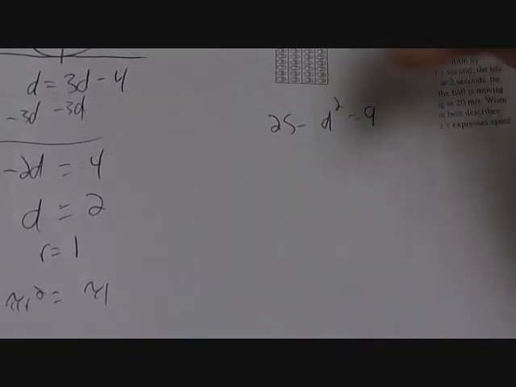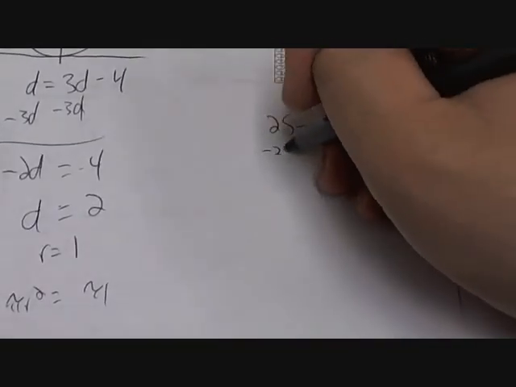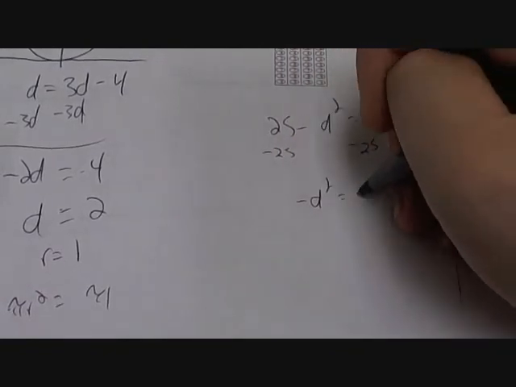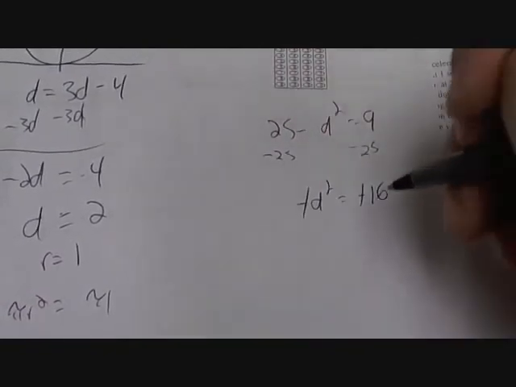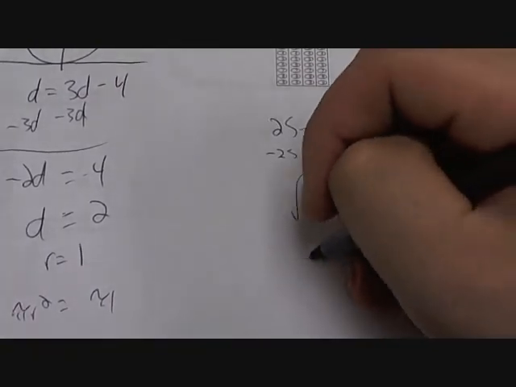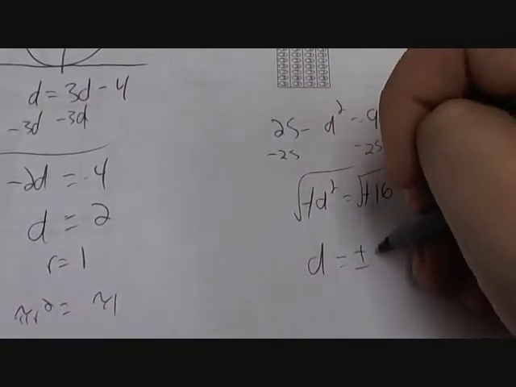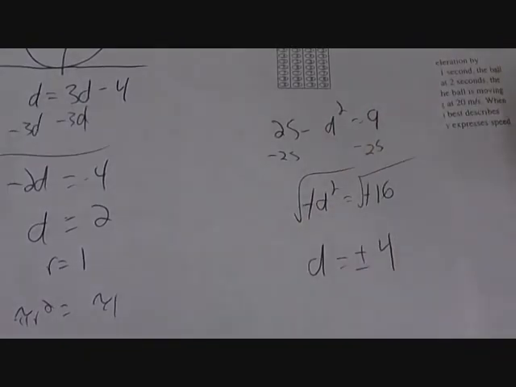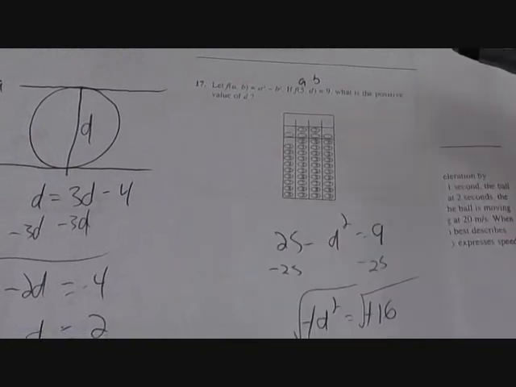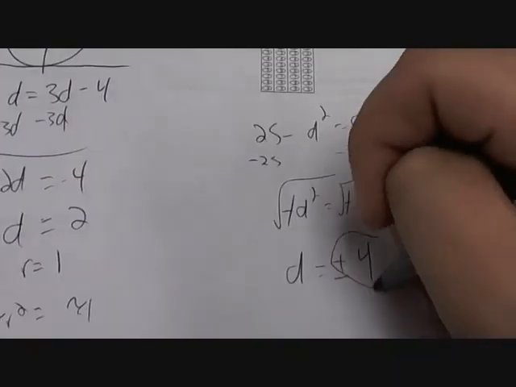Simple algebra. So you're left with minus 25, negative d squared is equal to negative 16. Cancel both negatives. Take the square root of both sides. So you're left with d is equal to plus or minus 4, but it wants the positive value of d, so it's just positive 4.